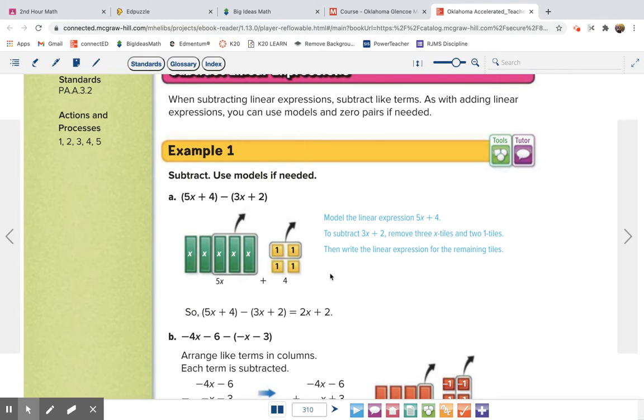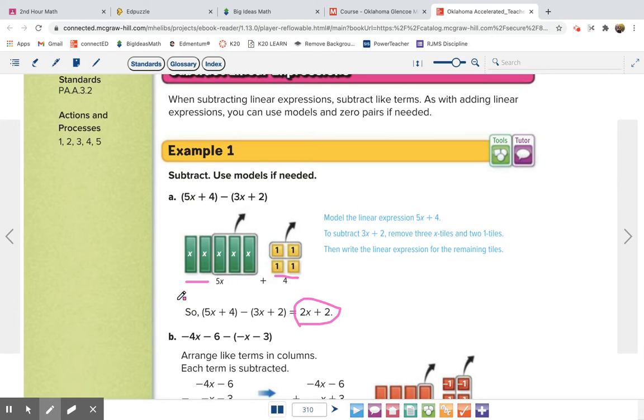Now minus means we're taking away 3 positive x's. So if I circle 3 of these and take them away, and we're taking away 2 positives, just plain numbers, constants, you see I am left with 2x, both positive, plus 2. So 2x plus 2 would be my answer.